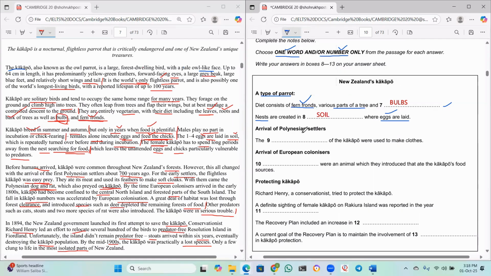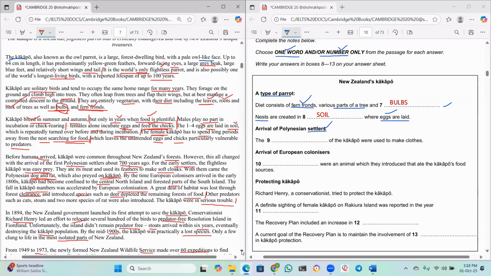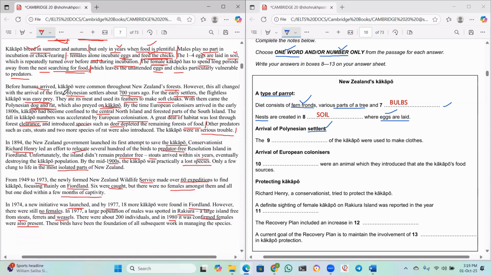Next, arrival of Polynesian settlers. He's talking about Polynesian settlers now. I think we read about that in the next paragraph. Here it is, Polynesian settlers. Now let us read. The dash of the Kakapo were used to make clothes. Arrival of first Polynesian settlers about 700 years ago.